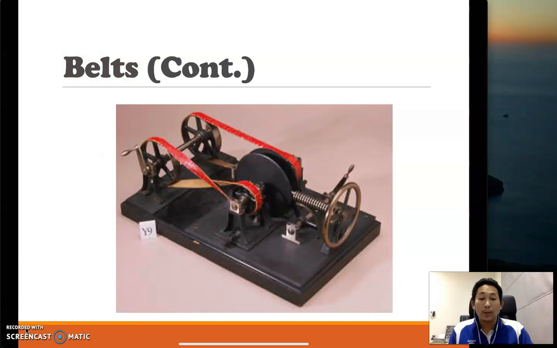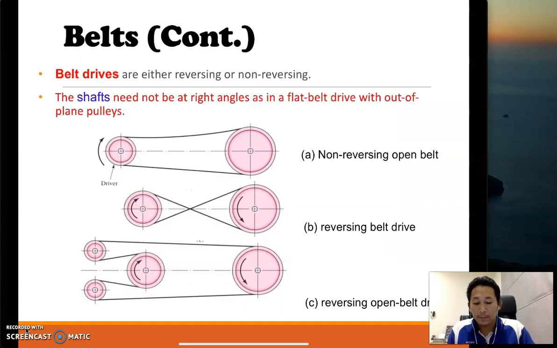These are also examples of flat belts, open and also cross belts. Belt drives are either reversing or non-reversing. So we need to know the same direction, clockwise with clockwise, or clockwise with counterclockwise. As I showed in the previous slides, the shafts need not be at right angles, as in a flat belt drive with out-of-plane pulleys.